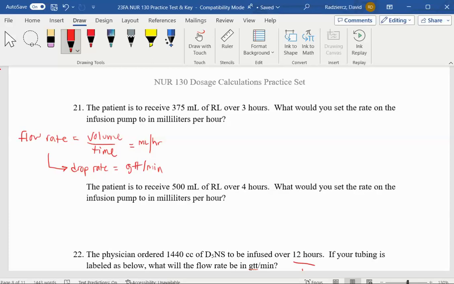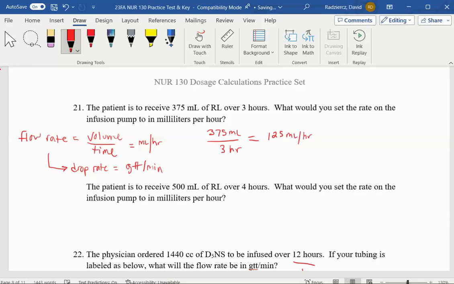So all we're going to do is take the volume, in this instance 375 milliliters, over time, which is 3 hours. And we're going to reduce that by taking 375 divided by 3. You plug that into your calculator if you need to, and it comes out to 125 milliliters per hour.